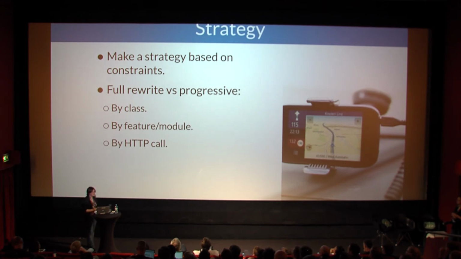Then you have to decide whether you want a full rewrite or a progressive rewrite. And right here, I will tell you that full rewrites almost always fail for a variety of reasons. I would say you can do a full rewrite in the absolute worst case scenario.